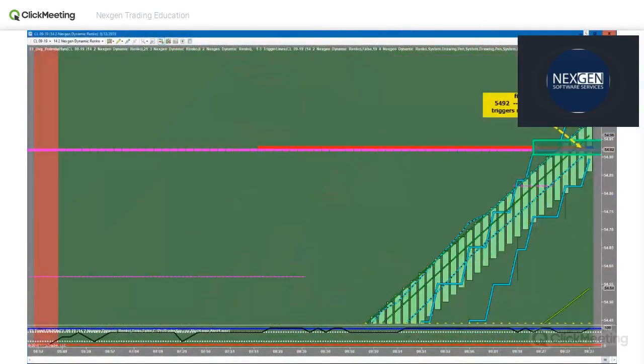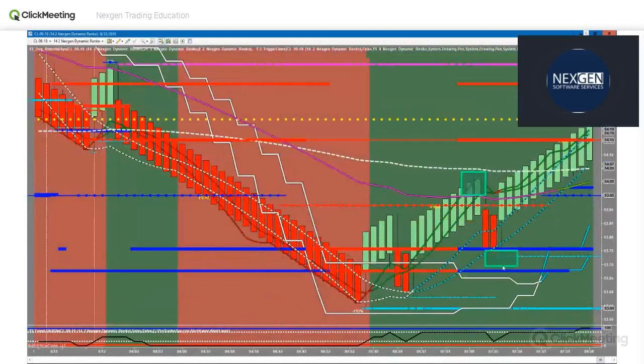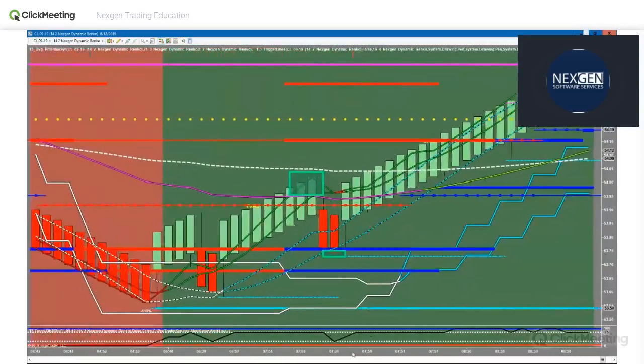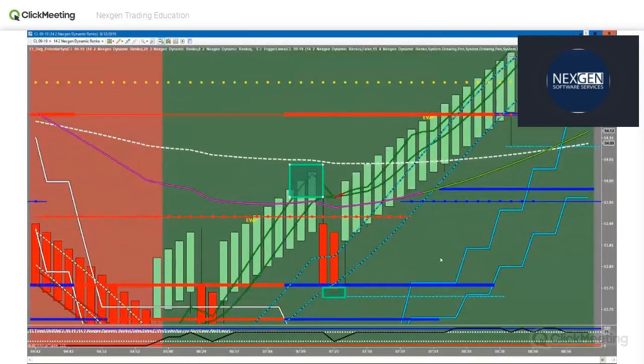Which is frustrating because you technically got stopped out one tick from the lowest low. You got stopped out at 76 and it went to 74. Which is frustrating because you had it dead to rights. You were just getting in on the small chart, not the big chart.